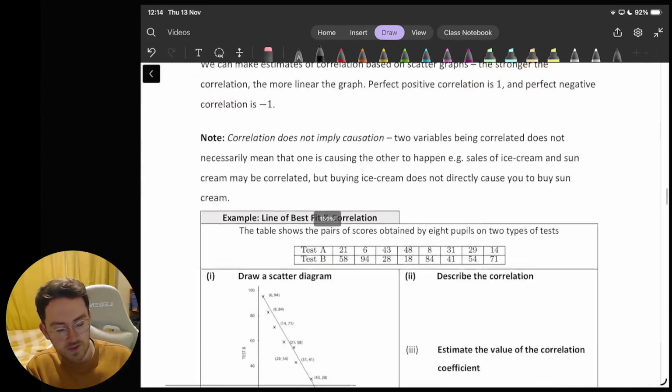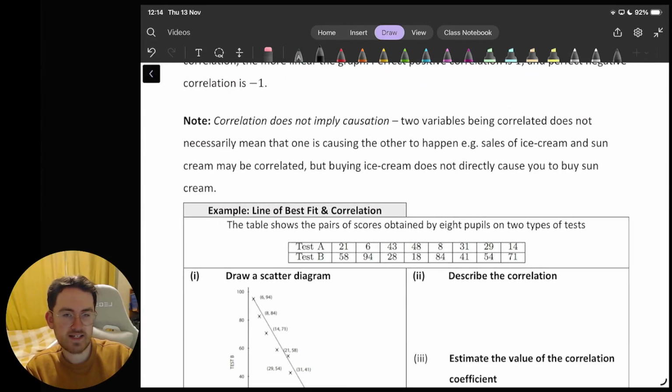The other key thing with correlation that can be really important is this idea of causation, and making the distinction that something being correlated does not mean that one is causing the other. For example, if an electrical shop opens, we might look at how many refrigerators are sold and how many laptops are sold.